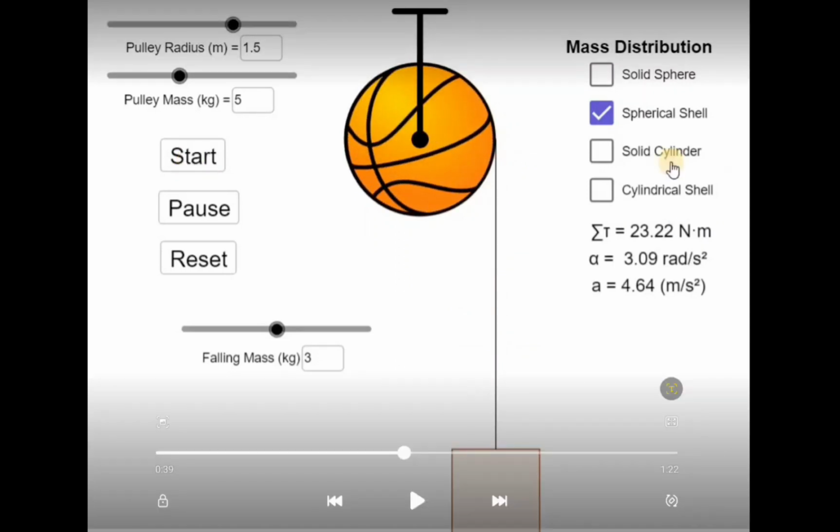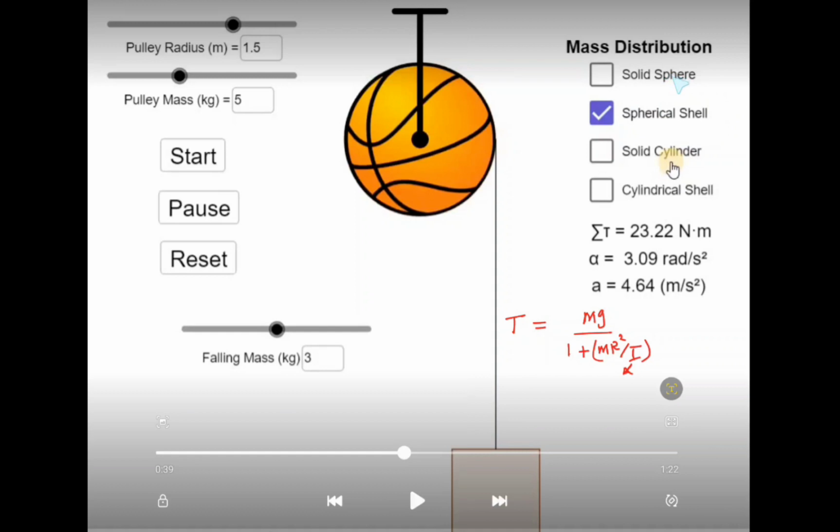As we can see here, the net torque we obtained for this spherical shell is different from the net torque we obtained for the solid sphere, because the tension we just calculated before is equal to mg over 1 plus mr square over I. So the tension depends on the moment of inertia of the pulley itself.